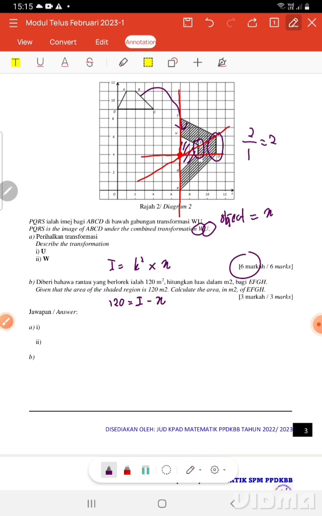So substitute again: 120 is equal to K squared times X minus X.